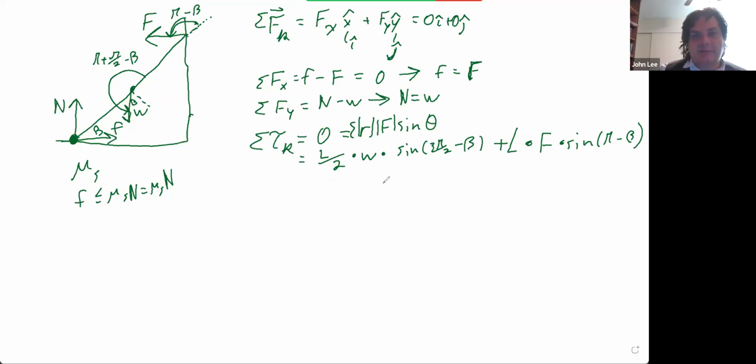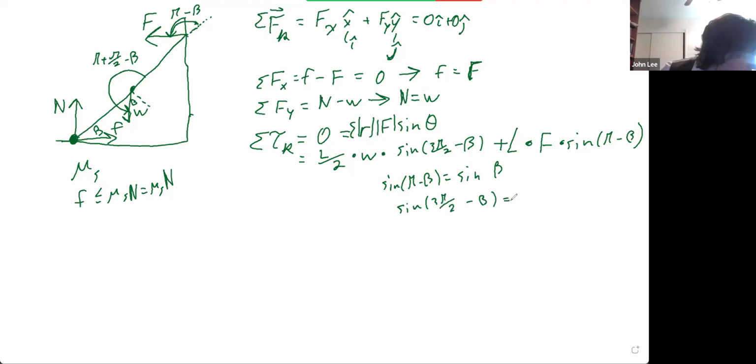So sine of pi minus beta is equal to sine of beta, and sine of 3 pi over 2 minus beta is equal to cosine of beta.